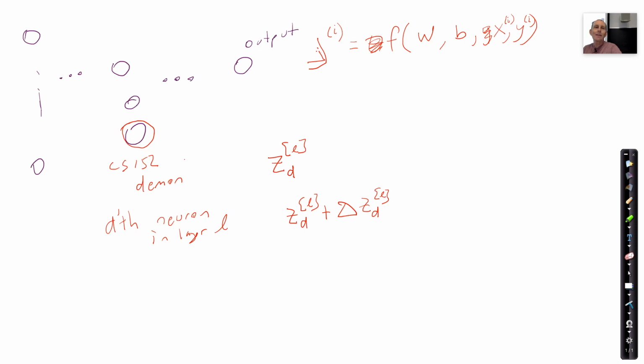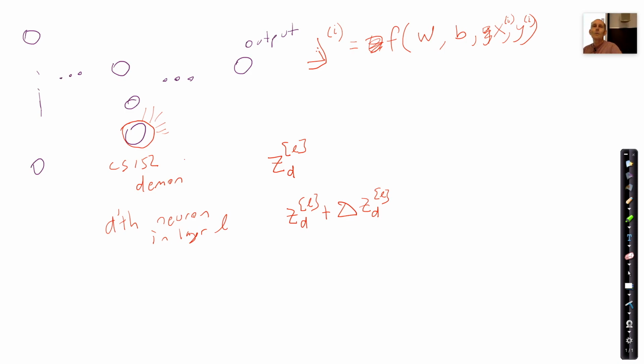Is there a path sort of from here all the way out to the cost function? Yeah, in fact, there's probably a lot of paths, right? Because this outputs an activation that goes to all of the next layer. So those are all affected, or could be affected, assuming there's a non-zero weight. And then those are all affected, and those are all unaffected, and so on.